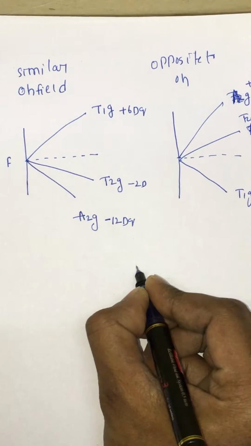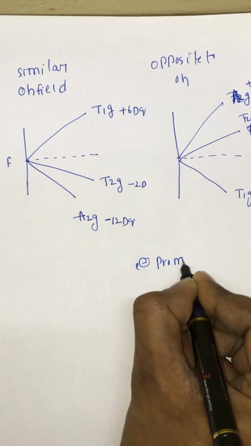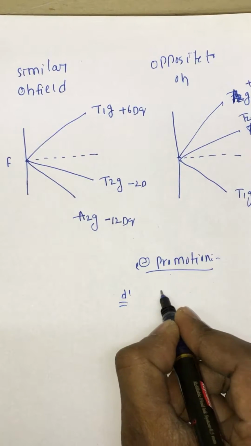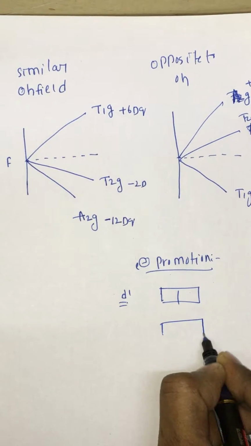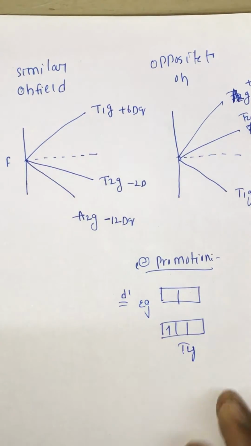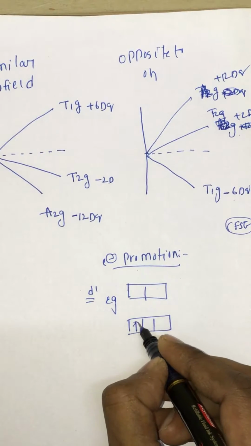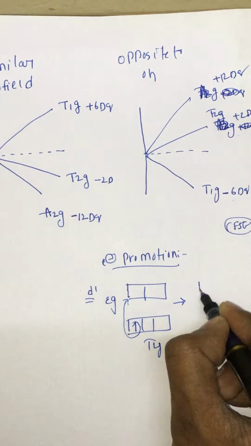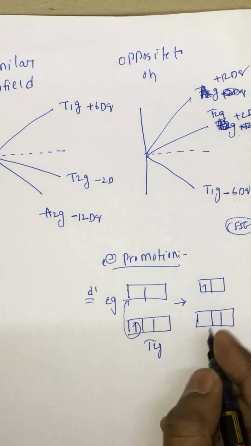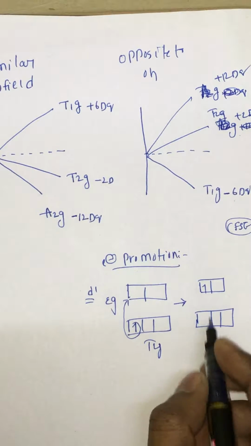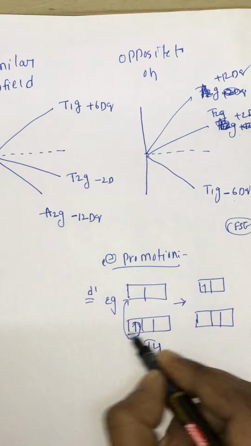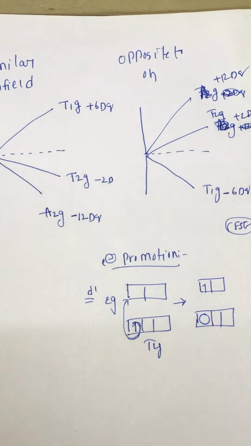Electron promotion means we'll take a d1 configuration. We have Eg and T2g. This is T2g and this is Eg. If we give some energy, this electron goes from here to here. After the electron leaves this orbital, a hole is created, an empty orbital is created, right?